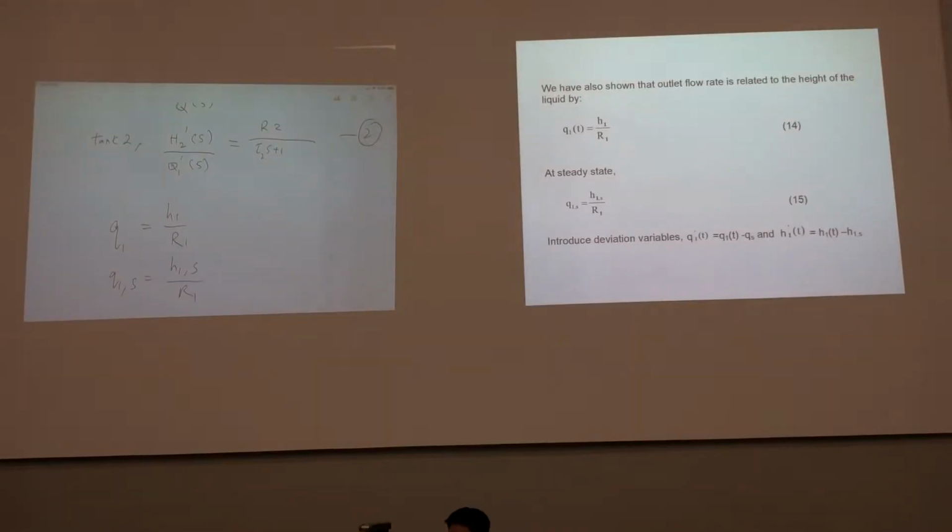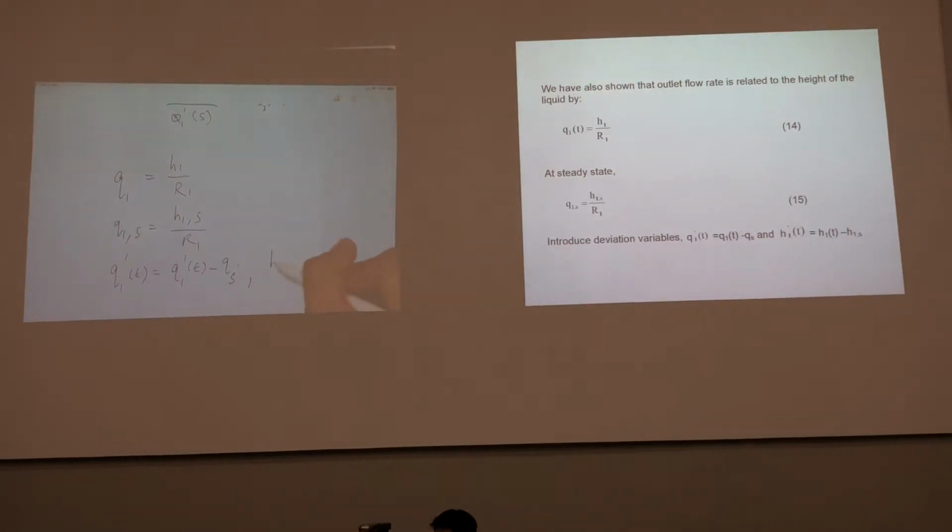Okay? And I introduce this deviation variable, which is Q1 prime. Q1 prime at T is equal to Q1 at T minus Q steady state. Alright?